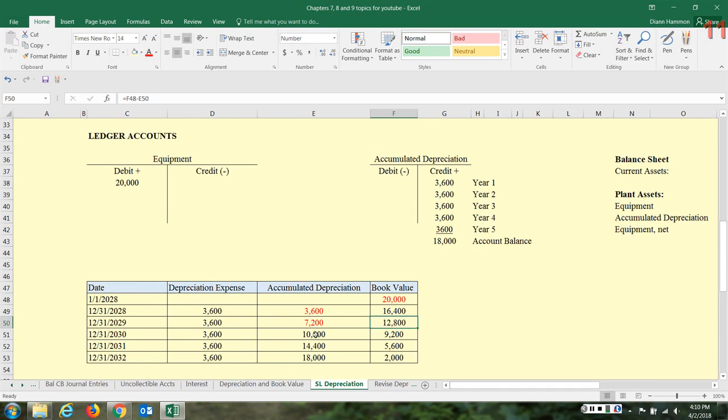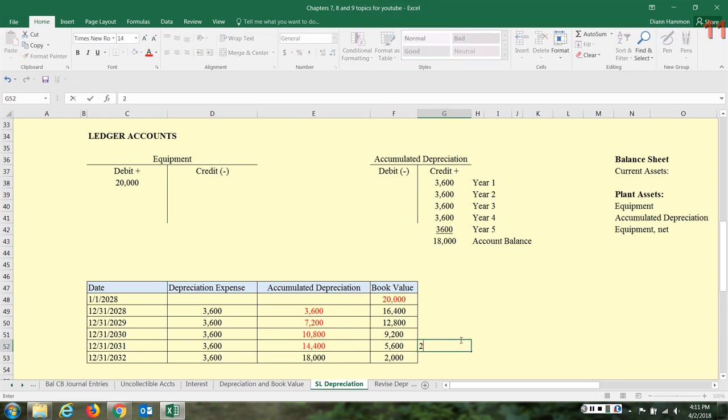It changes every year. Year 3, another $3,600 is added onto this account. So accumulated depreciation is now $10,800. New book value $20,000 minus that $10,800, $9,200. Depreciation expense $3,600 in this account. Remember, we're adding all these up here. So the fourth one added on, $14,400.